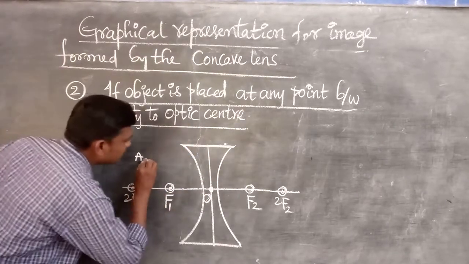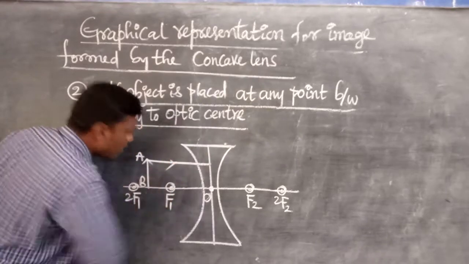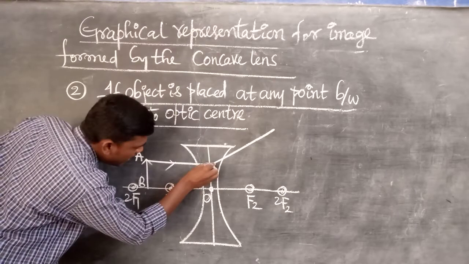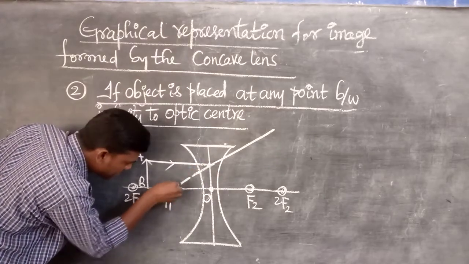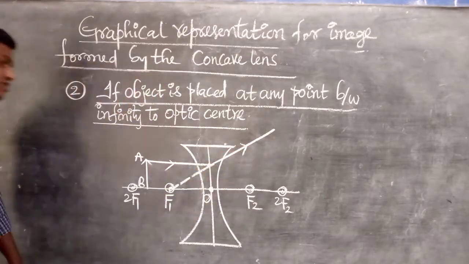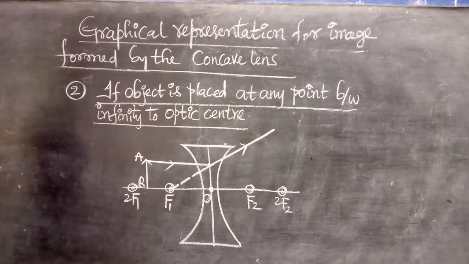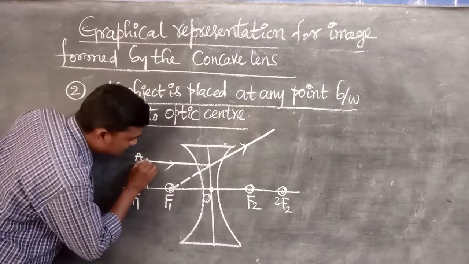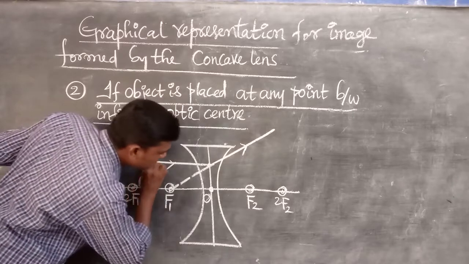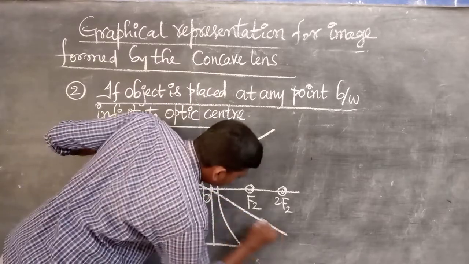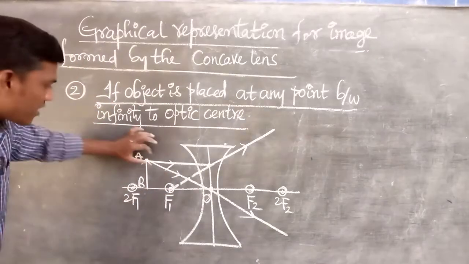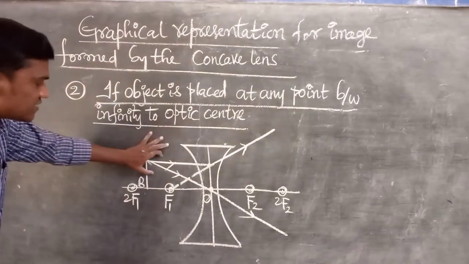Now from the object we consider two rays. One ray is parallel to the principal axis, like this one, and this ray you extend backward, so it appears to pass through the focus, or appears to diverge from the focus, that is known. And the second one is the ray passing through the optic center. From the position of the object we take two rays.